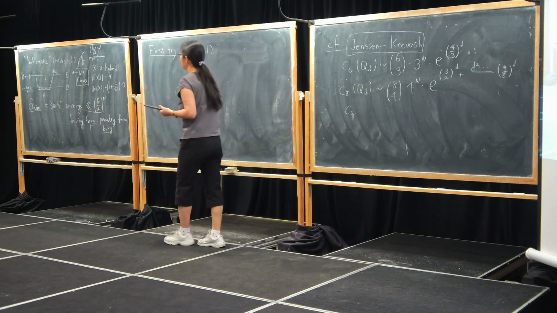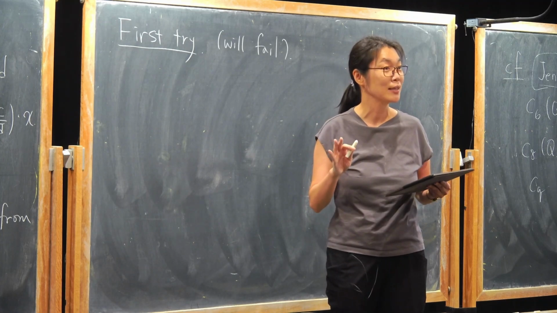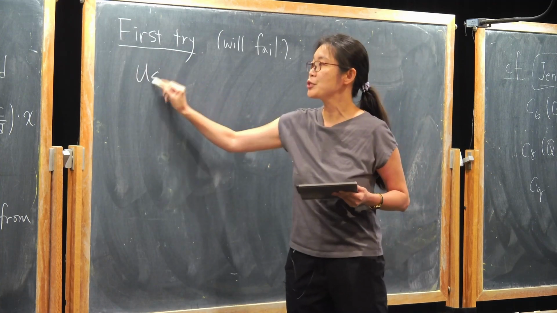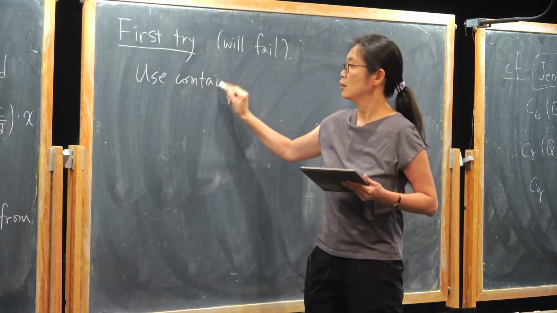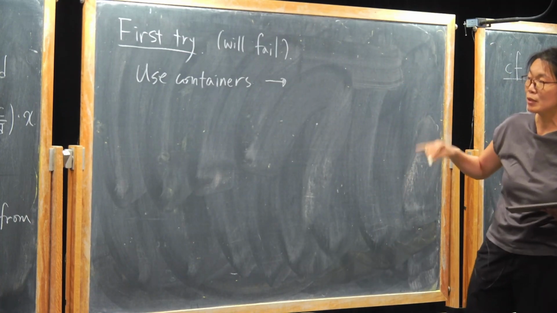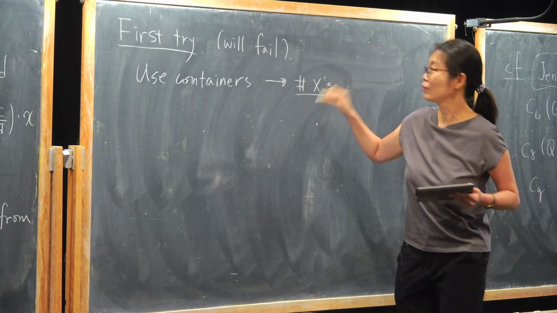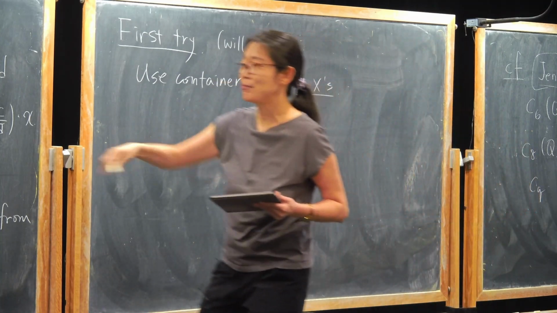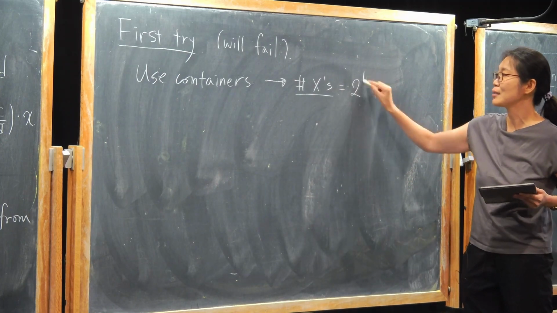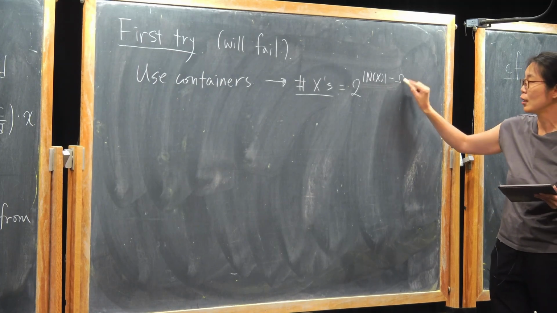So the first try, because we learned a fancy technique last time, which is called containers. So I want to use containers to achieve that goal. So let's use containers. And if you still remember, the statement was the number of possible x's that satisfy this condition is at most 2 to the size of the neighborhood minus some exponential factor.